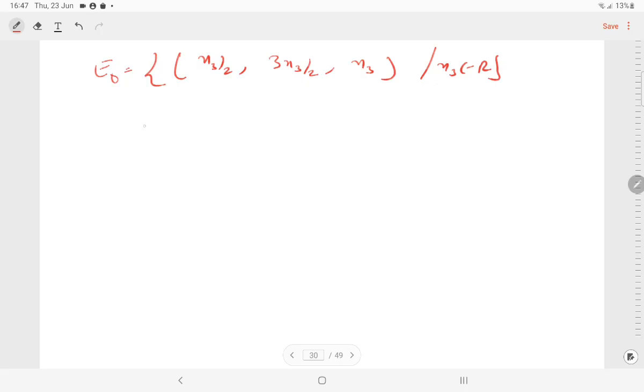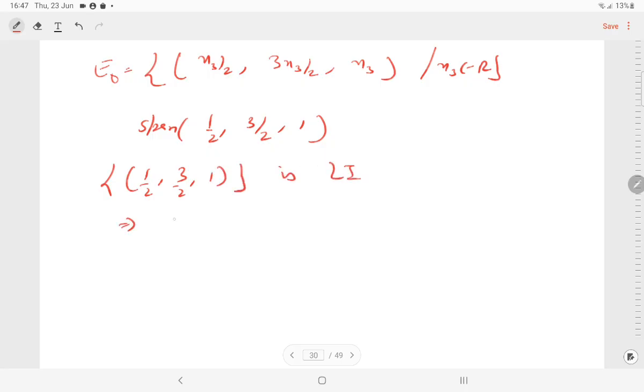So E0, if I write it down, has x1 which is x3 by 2, x2 which is 3x3 by 2, and then x3, where x3 belongs to R. This is the span of (1/2, 3/2, 1). So the set {(1/2, 3/2, 1)} is linearly independent, which implies it forms the basis for E0.